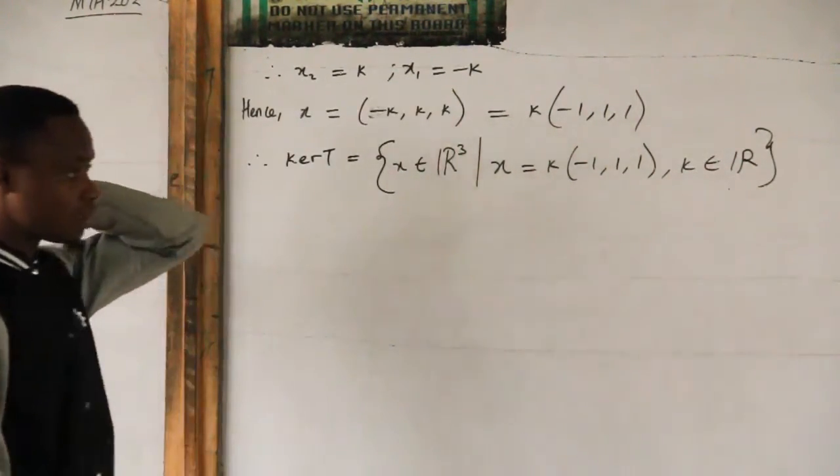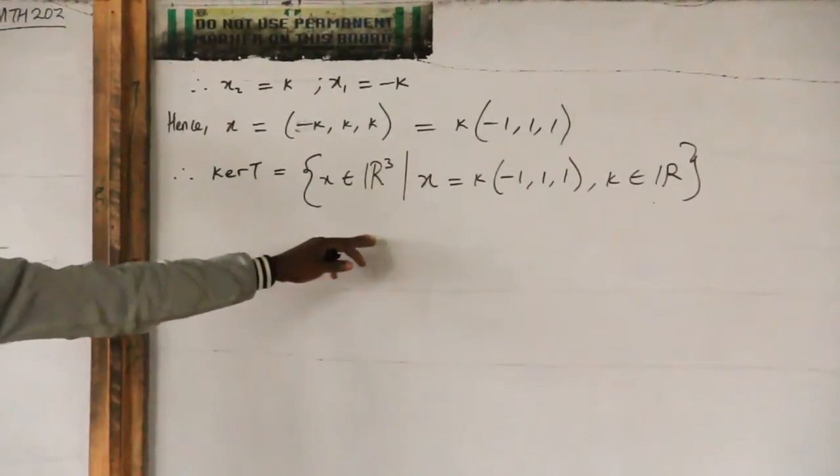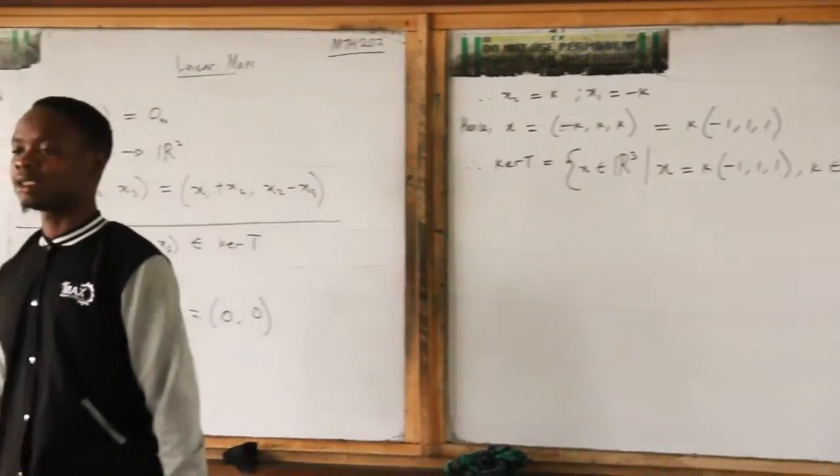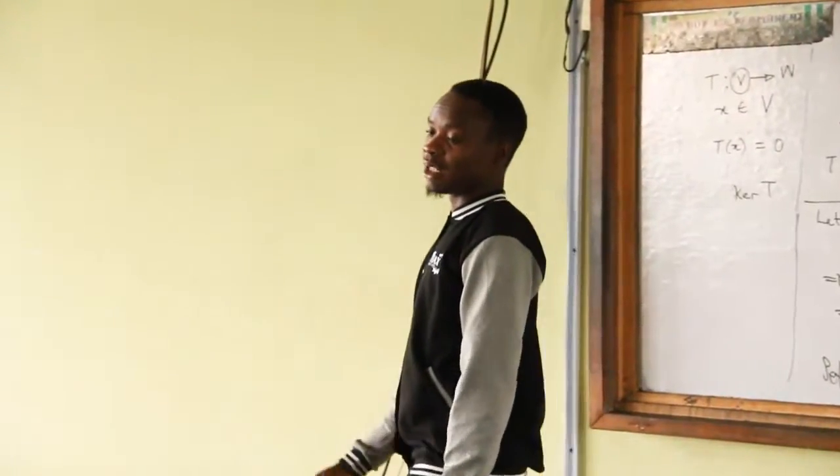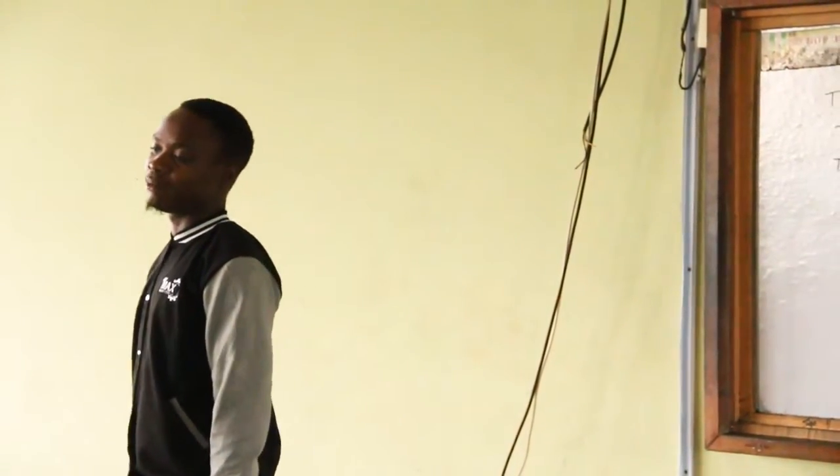That means you can set k to be any real number. That's the definition of ker T. Is it clear? So with that, you can get any element that is a member of ker T by setting k to be any real number. Is this clear?